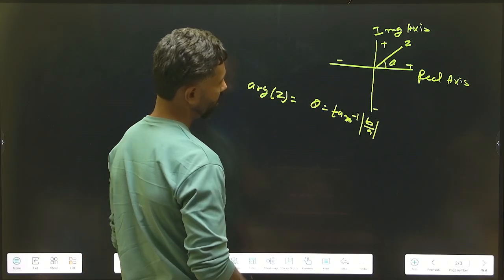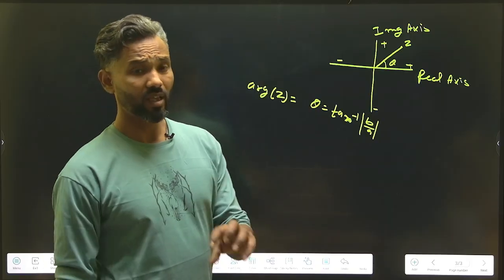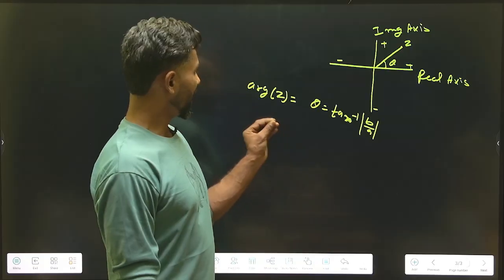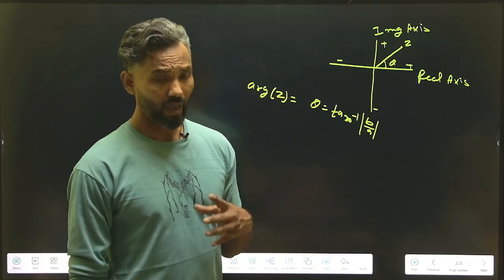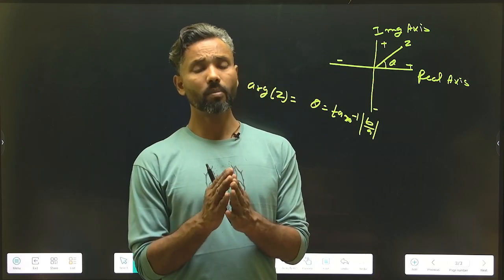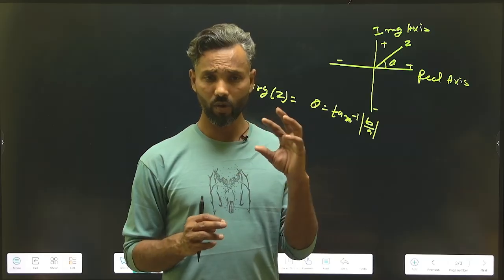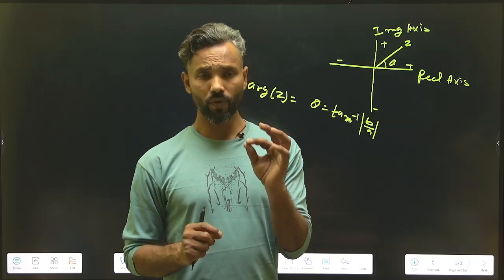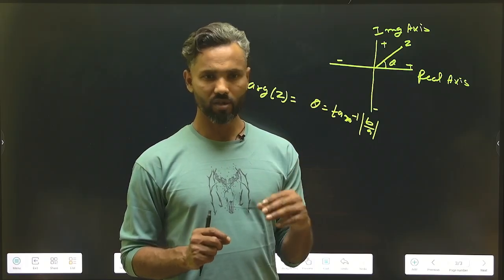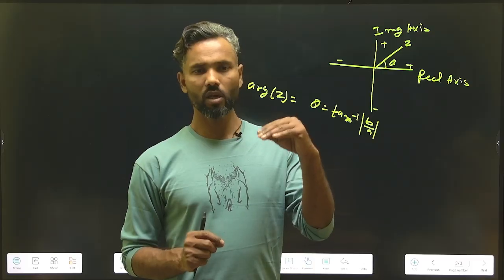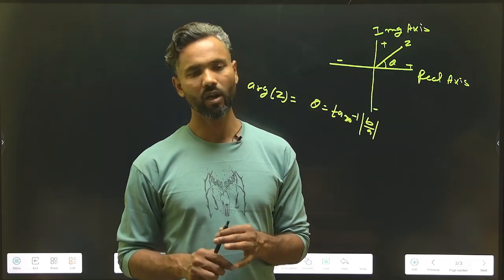But you know what is going to happen in the examination? This is the direct formula to calculate the argument of any complex number. As we discussed, a complex number will be represented in different quadrants based on the nature of the real and the imaginary numbers. If both are positive it will be first, if real is negative and imaginary positive, it will be second. In that way we have to identify.